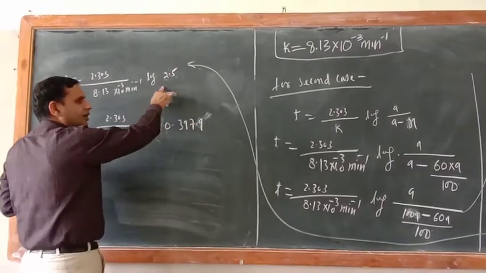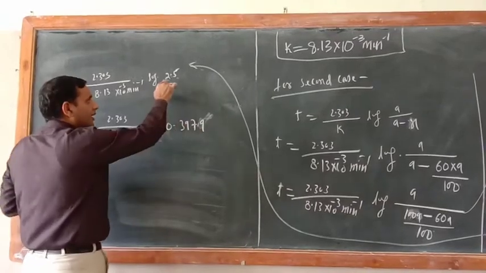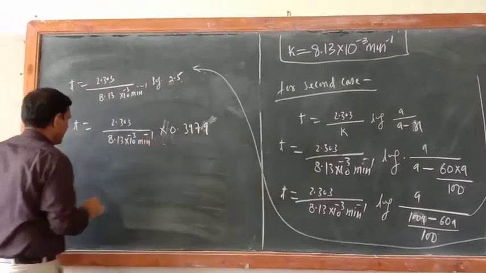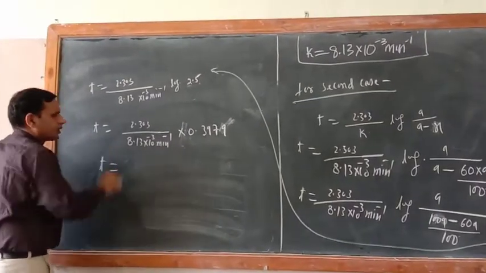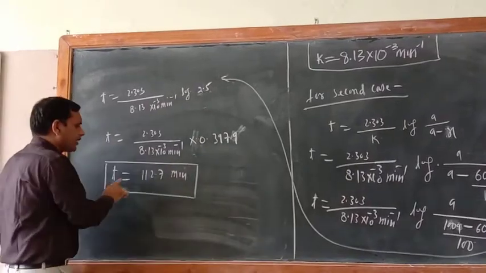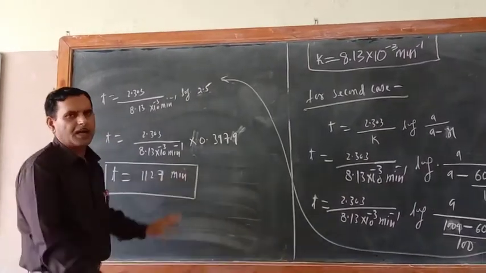If 3 digits are there, 2 point. If 4 digits are there, 3 point. Here only 1 digit is there, so 0.3979. Now you multiply this one. So dear cadet, if you solve this one, t equal to 112.7 minute you will have.